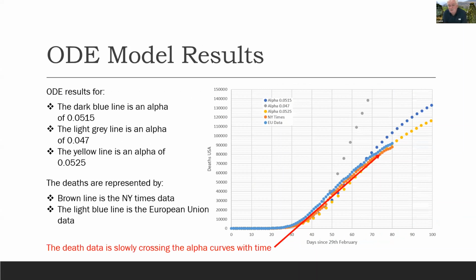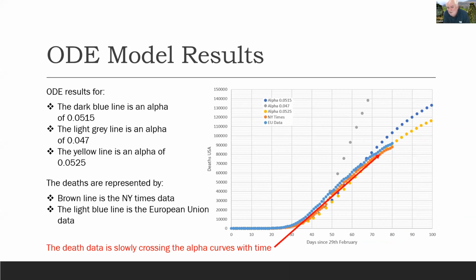So I've been plotting the results since it first began. So the grey dots are the 0.047. That was the first estimate. And by the time we got to about day 40, we were looking at a fairly rapid climb if it had stayed on 0.047.